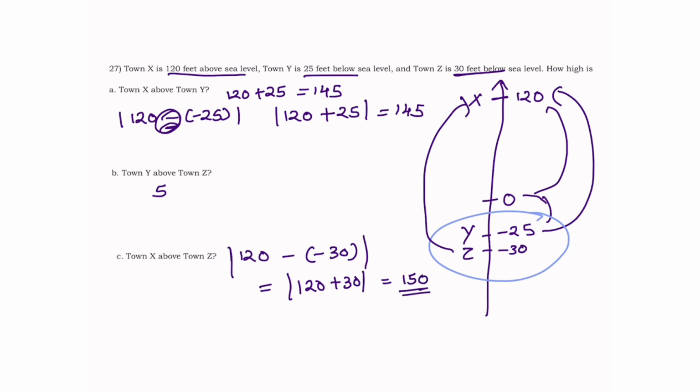Even if you don't want to do it that way, the first 2 questions actually give the answer, because this is X to Y and this is Y to Z, so actually it is X to Z. If you add them, you're again going to get the same answer.